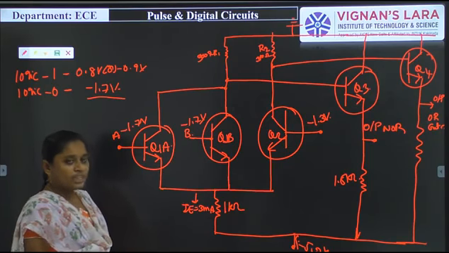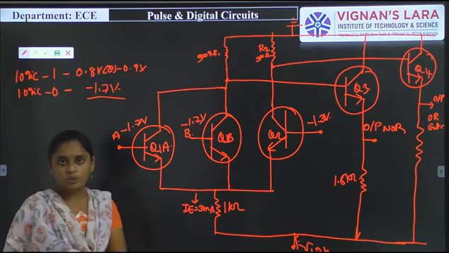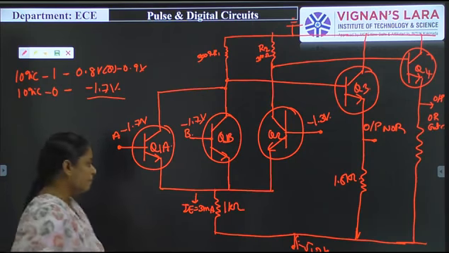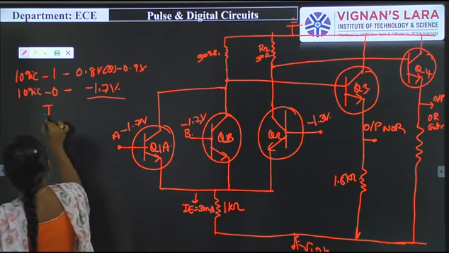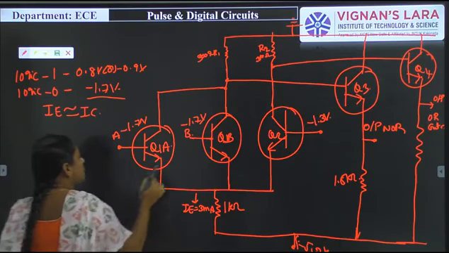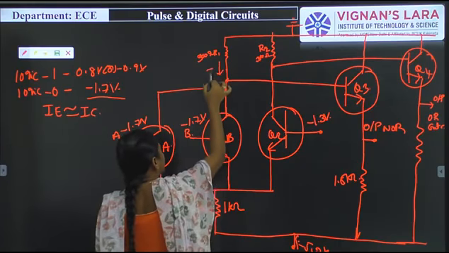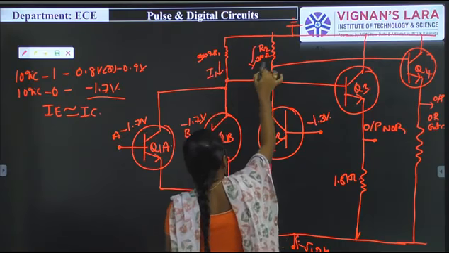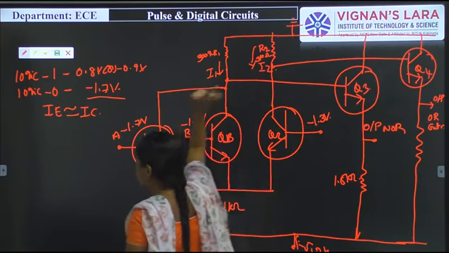As we know, when a transistor is in on condition, IE current will be IC. This current is known as I1 and this one as I2, that is IC1 and IC2.